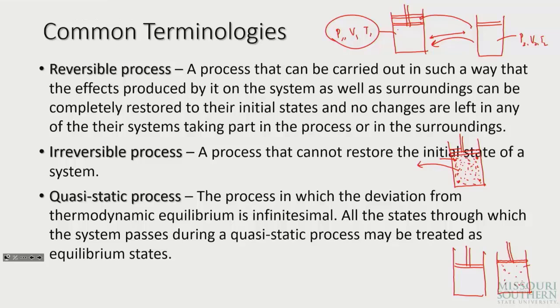Meaning if you measure the temperature here, it may be slightly different from the temperature there, but the difference would be negligible. So we can neglect that and consider that the temperature is the same everywhere. This small step is what we call a quasi-static process, where the equilibrium is maintained. There's a little bit of deviation, but we can still consider it to be in equilibrium.